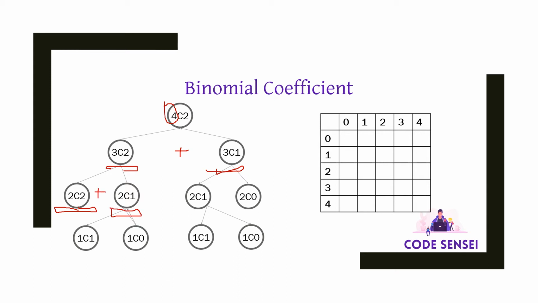So we know our base case, right? Here in 2C2, n and r are both the same. So for 2C2, the answer is going to be 1.